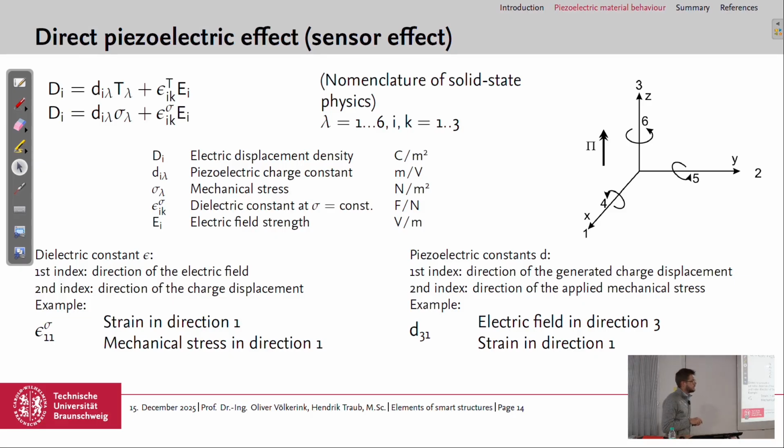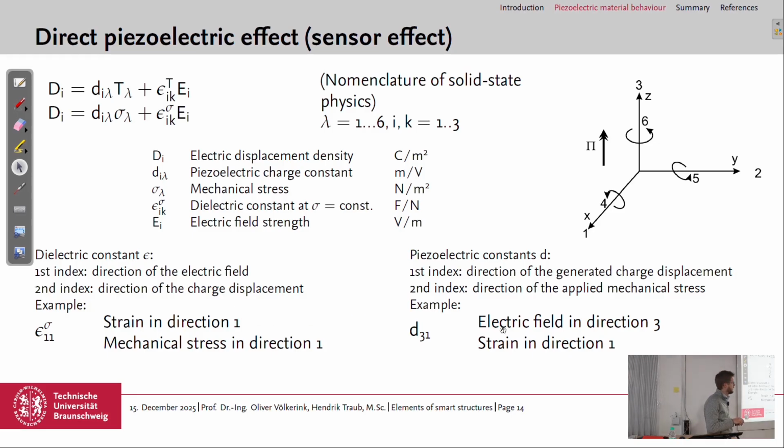And regarding the directions, the first index of the dielectric constant is the direction of the electric field, so, for example, the 3 direction, and the second index is the direction of the charge displacement. So the electrical field which causes the charge displacement is the first index, and the effect is the second index.